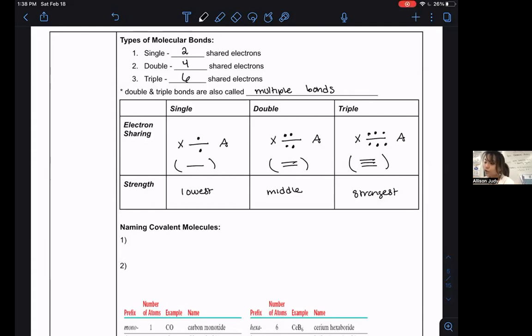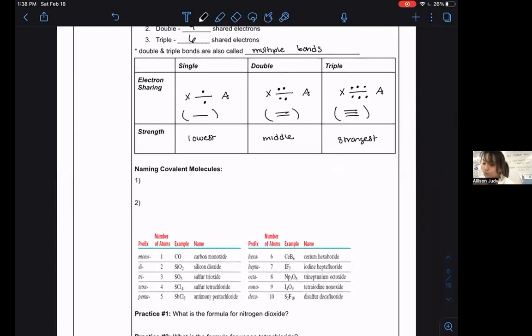So when we name covalent molecules, we have some pretty similar rules. We always put the less electronegative, the more positive atom first, and then we put the more electronegative atom second, and we change it to IDE. That's pretty standard. Instead of having full-on charges, we're just now saying more versus less.